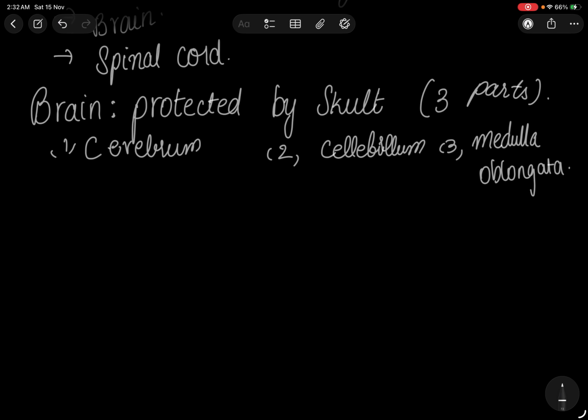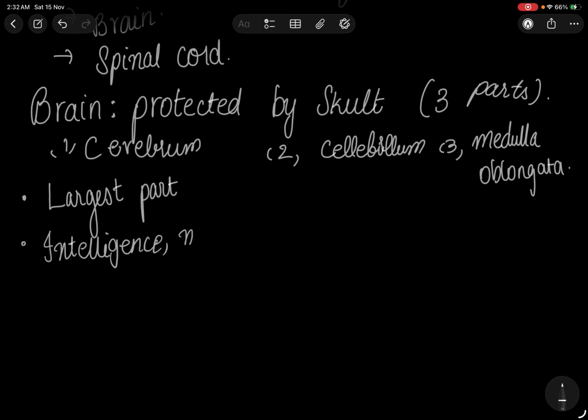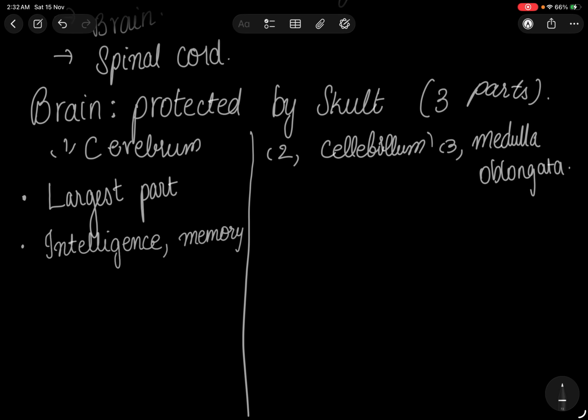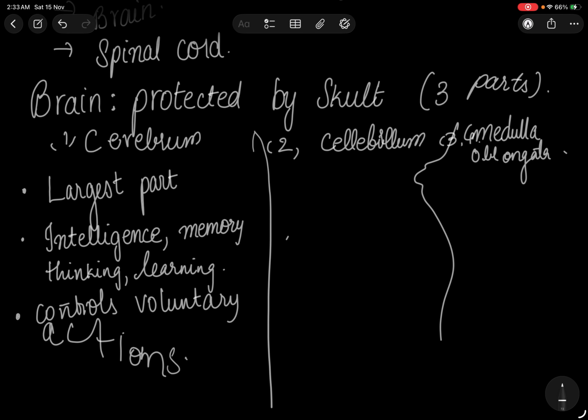Okay, so cerebrum is the largest part in the brain, and also it controls intelligence, memory, thinking, what you are thinking, and also learning, voluntary actions.